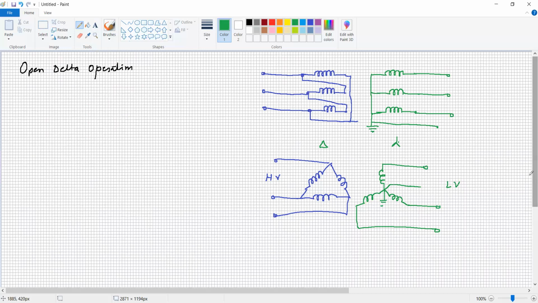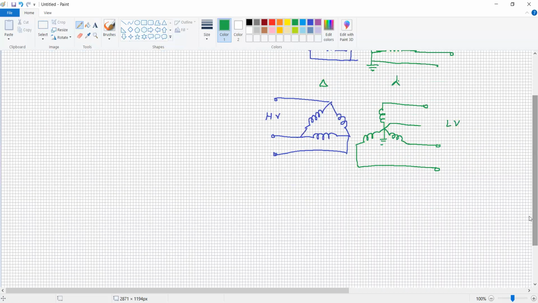Let it be a power transformer. Generally, the power transformer is delta delta connected. It is an HV winding, and the LV winding is also delta connected.